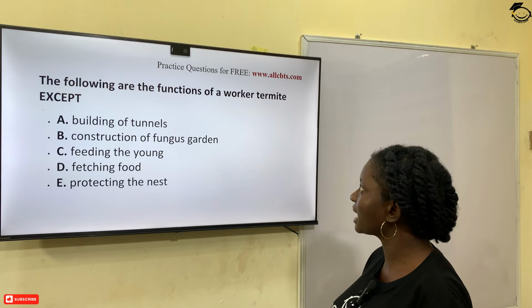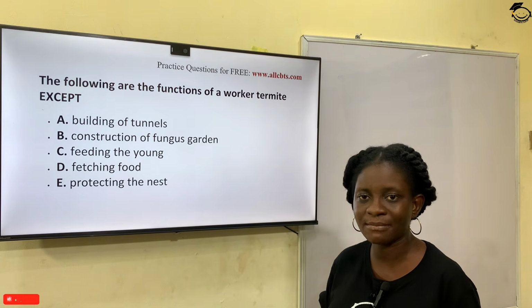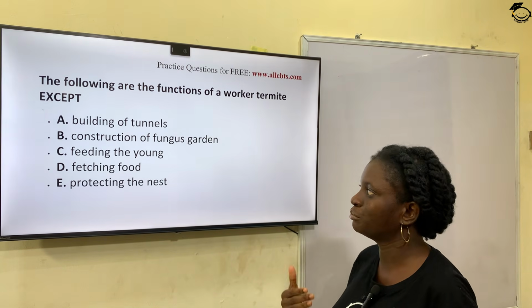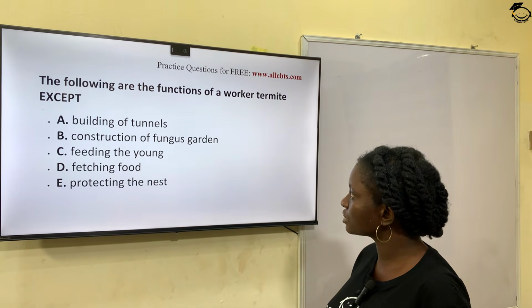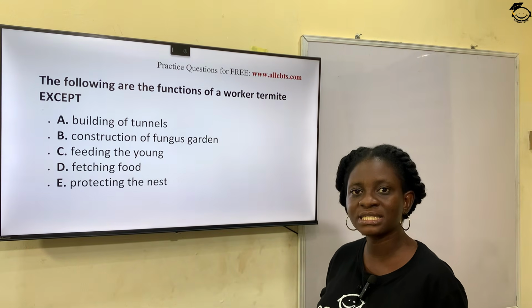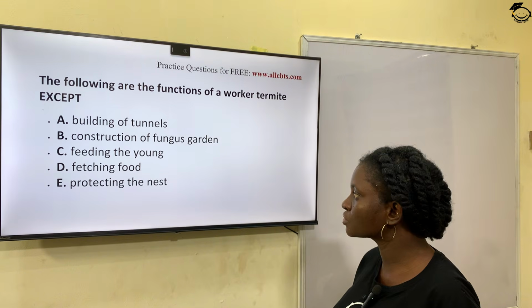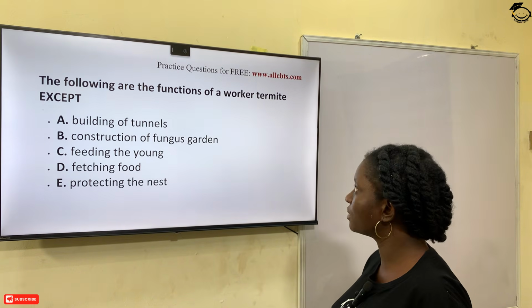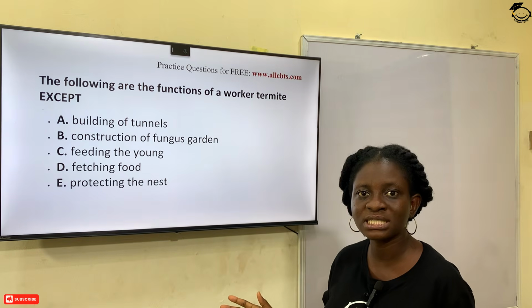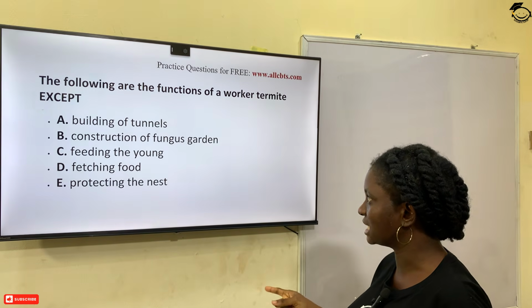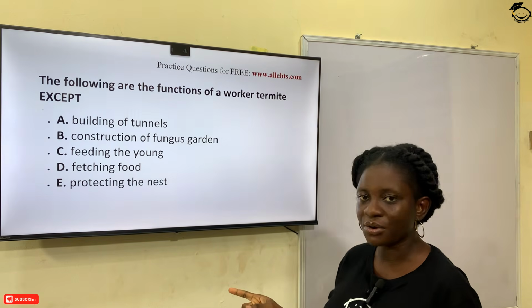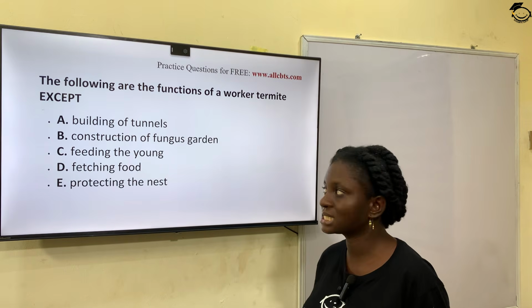Worker termites build tunnels, they construct fungus gardens, they feed and care for the younger ones, and they also fetch food. So the correct answer is protecting the nest. It's only the soldiers that protect the nest. So E is the correct answer, protecting the nest.